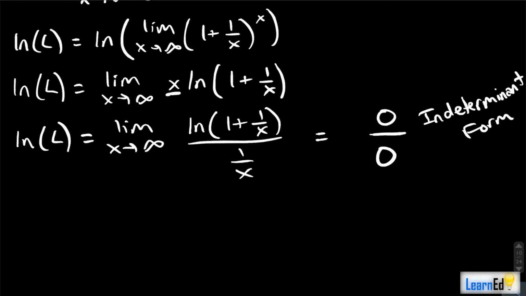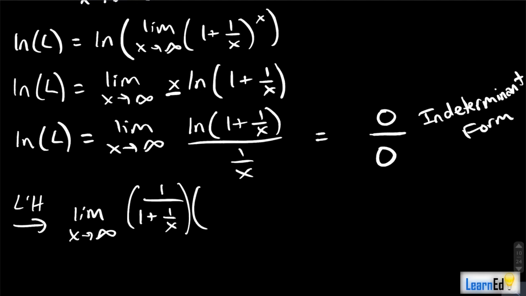So we can use L'Hopital's rule here, okay? And in doing that, we get the limit as x approaches infinity of taking the derivative of the top as a chain rule. Okay, so we're going to have 1 over 1 + 1/x, times the derivative of the inside.